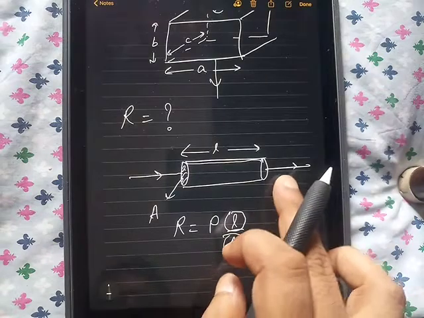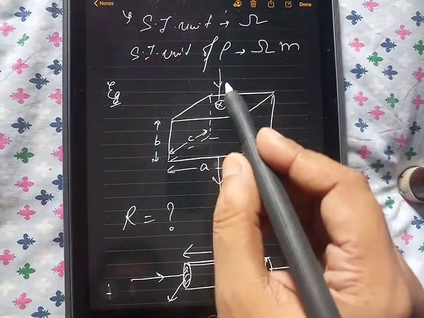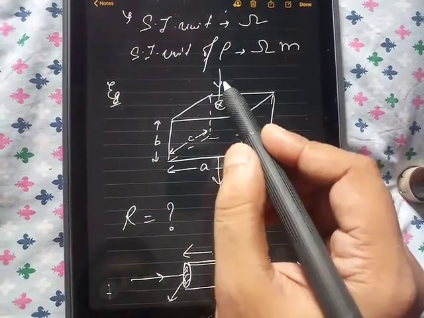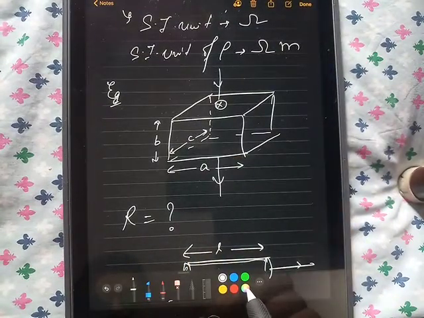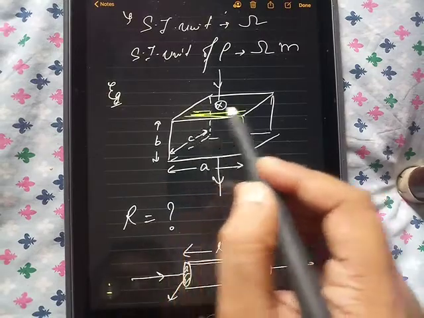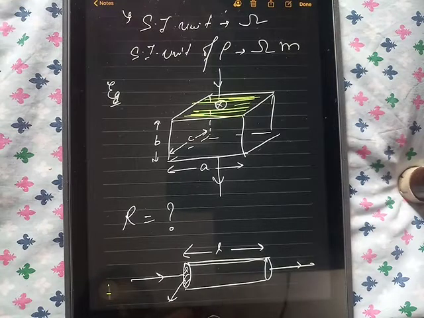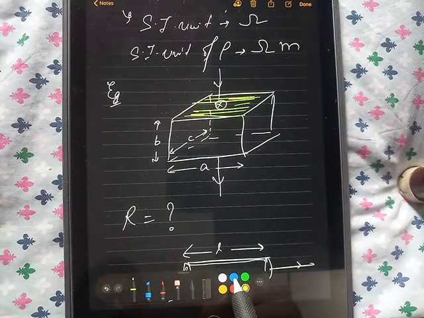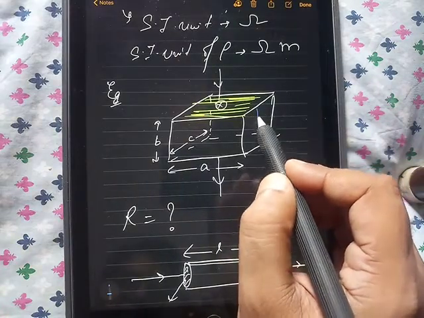Now in this case, when the current goes from the upper face, the surface which is perpendicular to the direction of flow of current is this one, and the length which is along the direction of current is this one.